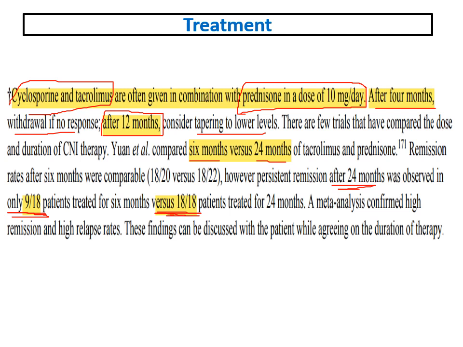At early stages, after 6 months, they were comparable. But after 24 months, there is a higher relapse rate in patients who received CNI for only 6 months, while in patients treated for 24 months, the remission remains in 100% of cases.